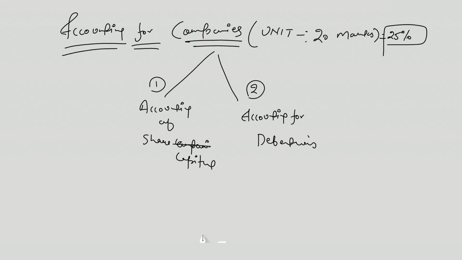These two instruments, share as well as debenture, are sources of finance on a long-term basis. So under this unit, you are going to learn accounting for share capital as well as accounting for debentures. Okay?